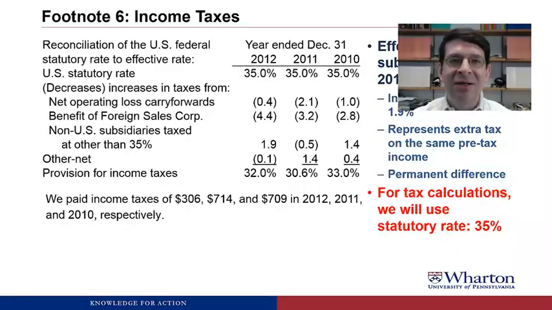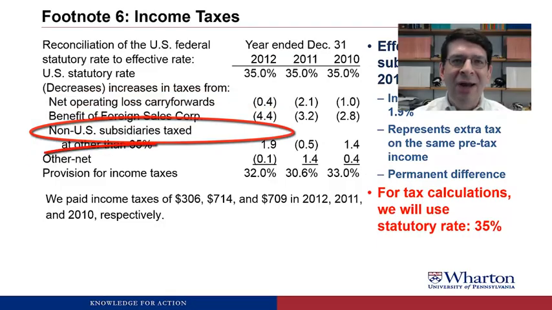I'm happy to. Don't use the effective tax rate to do tax calculations. And this footnote provides a really good example why. So if you look at Moth's effective tax rate, it's affected by 4 things. You've got the NOLs, you've got a benefit of a foreign sales corporation, you've got the non-US subsidiaries, and you've got other net.